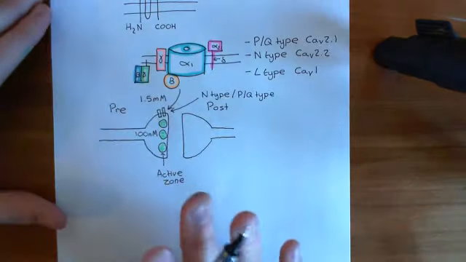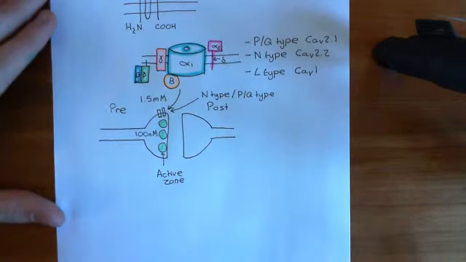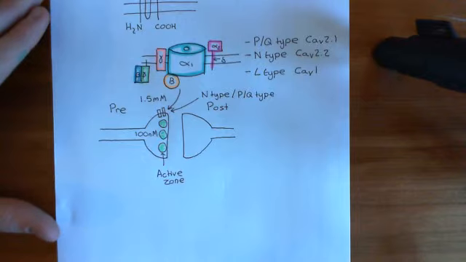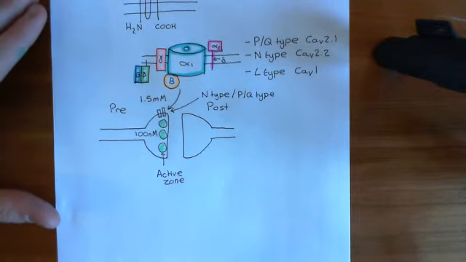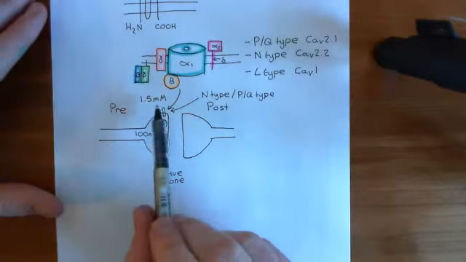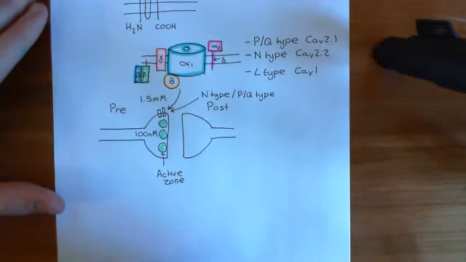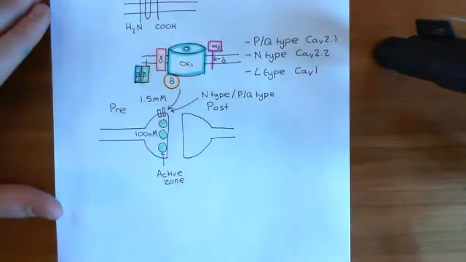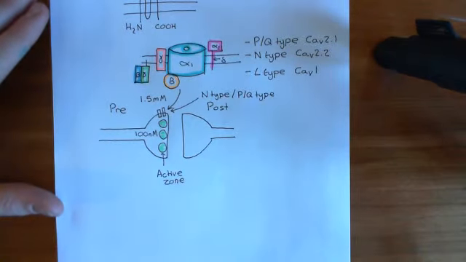Of course, it's slightly more complicated than that because you have to also take into account the electrical potential difference across the membrane, which is influencing the calcium ions' decision as to whether they want to go through the voltage-gated calcium channel. But basically, you're always going to get a net movement into the cell, no matter what the electrical potential difference across this membrane is, at least within physiological limits.